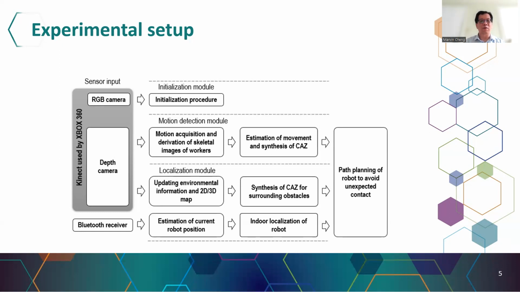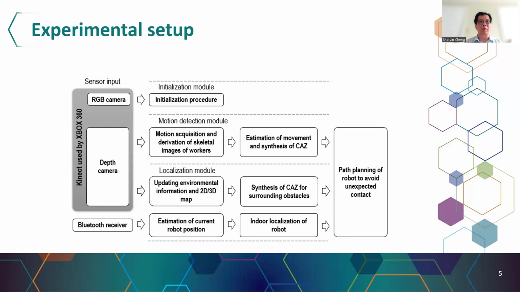When the robot is initialized, it will return to its specific location. Once it starts to operate, it will start to detect the human motion in the surrounding area using the depth camera. And this information is going to be used to synthesize the contact avoidance zones. Another module is localization.